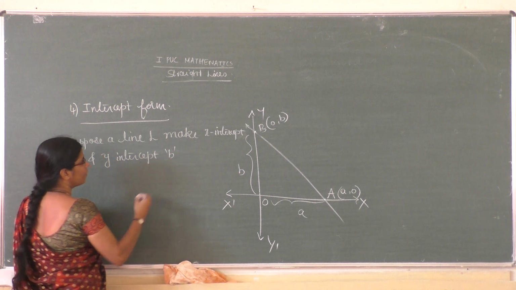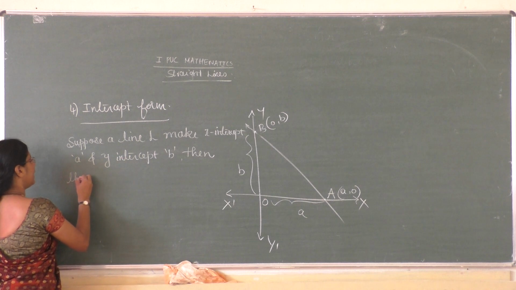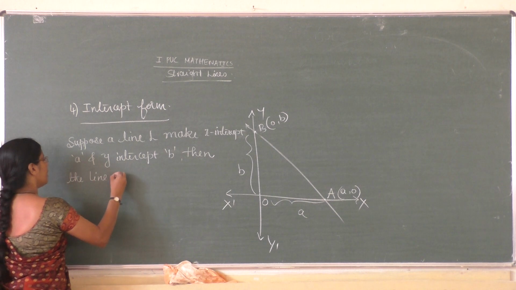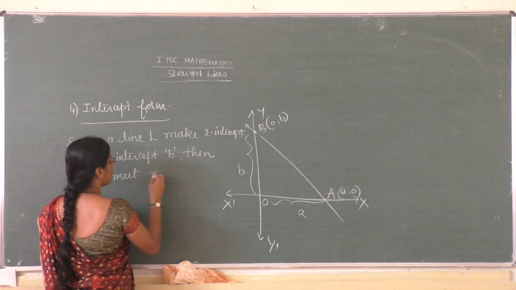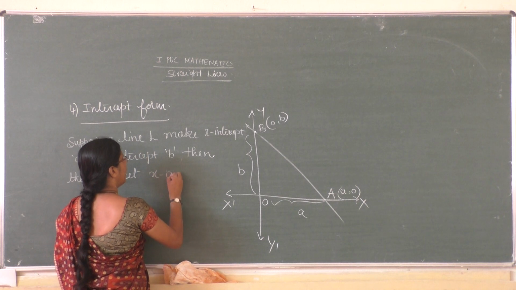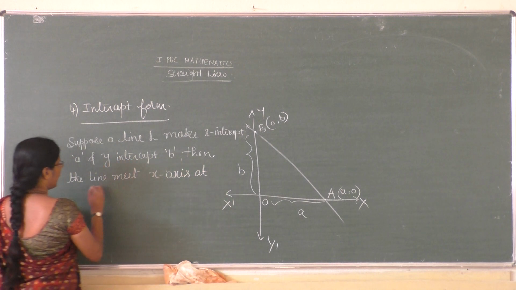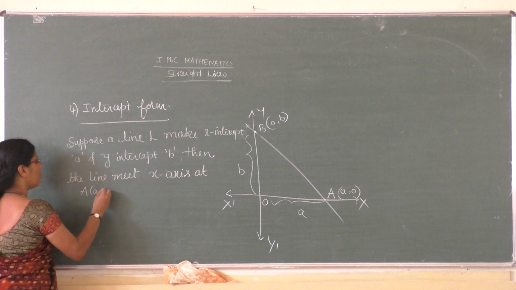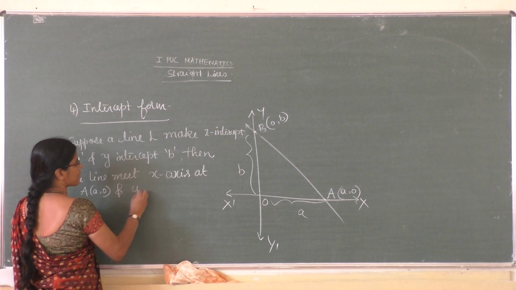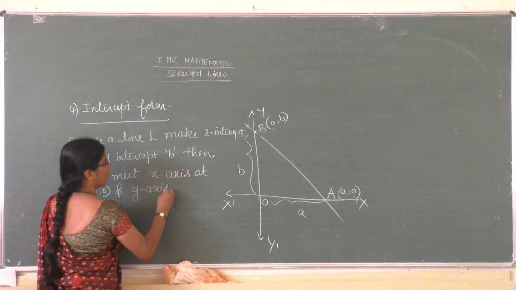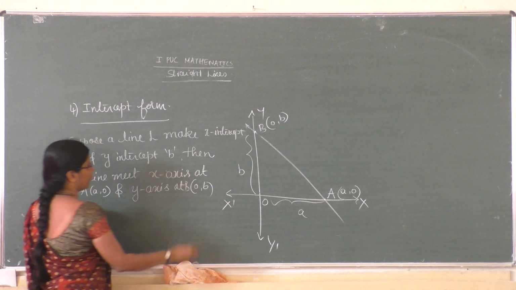Then what we have? The line meets the x-axis at A of (a, 0) and the y-axis at B of (0, b).